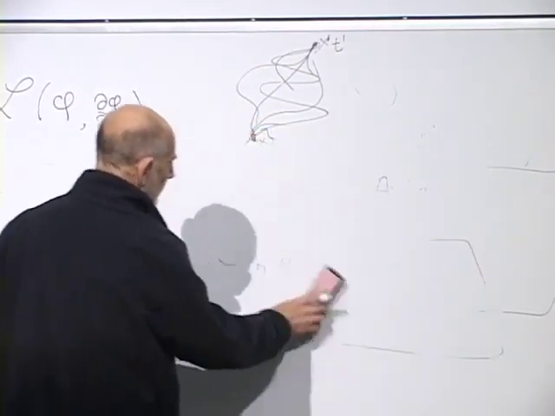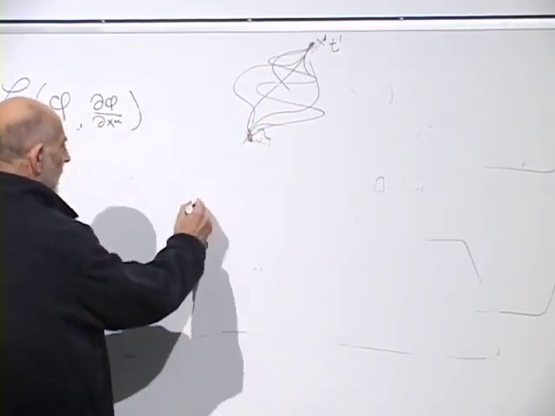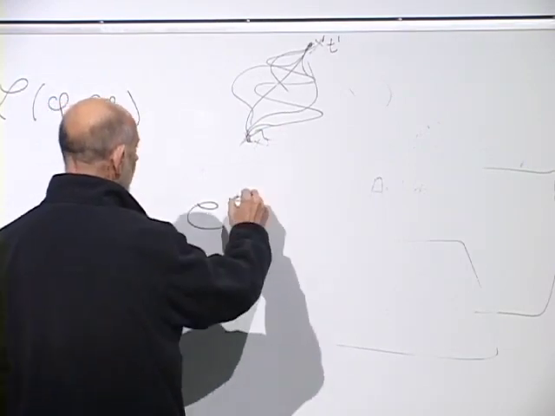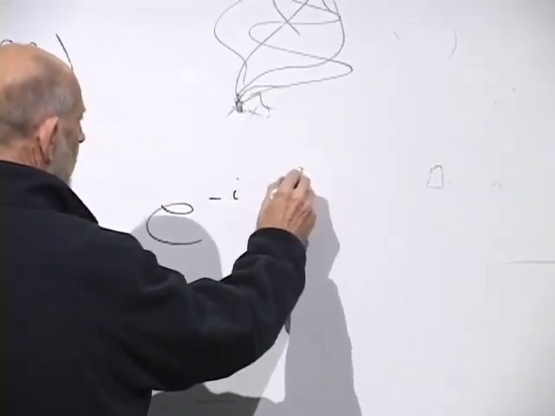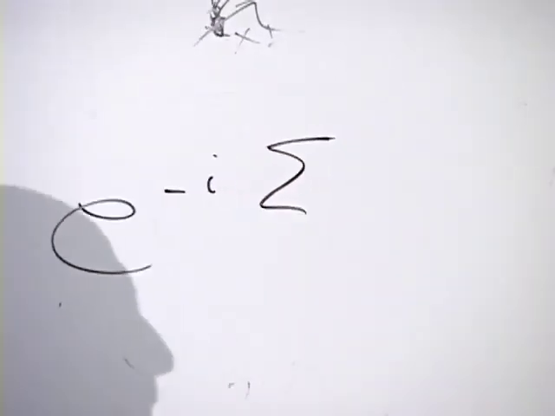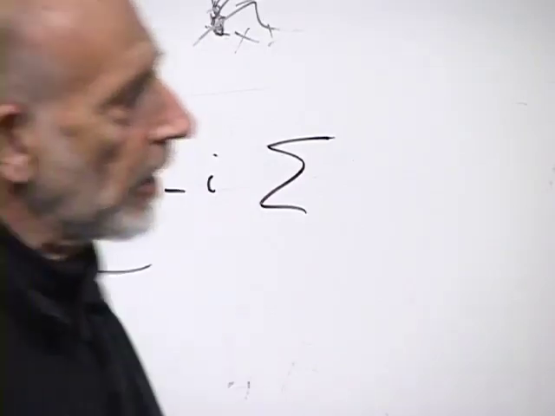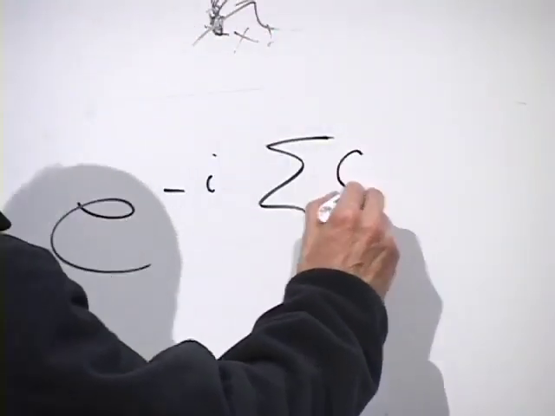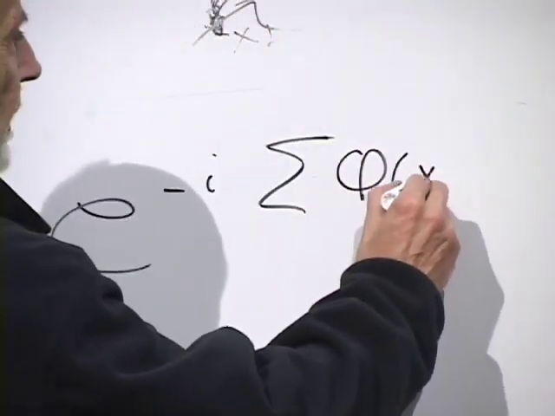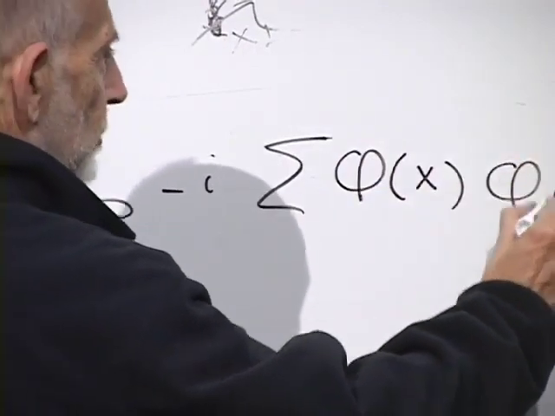We don't even need to write it in this form. Let's just write it as e to the minus i times the sum over all pairs of boxes, over all neighboring pairs of boxes. I said over all boxes, but it's clear that's not quite right. We want to think of it as sums over neighboring pairs of boxes of things like phi in one box times phi in a neighboring box.